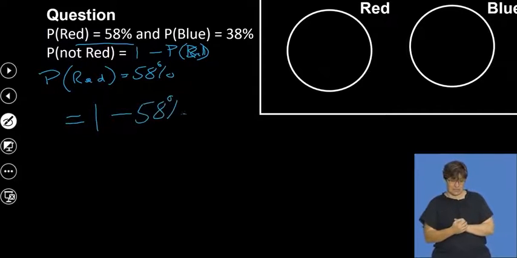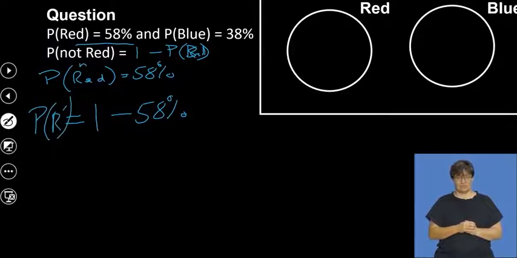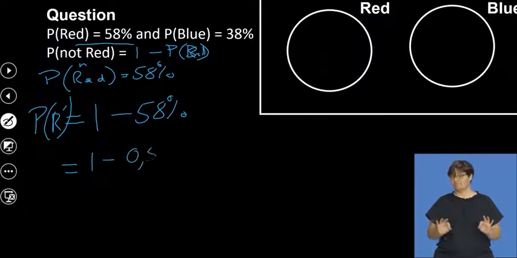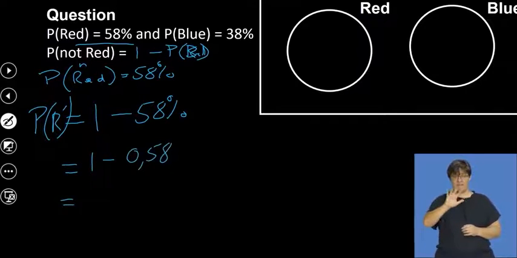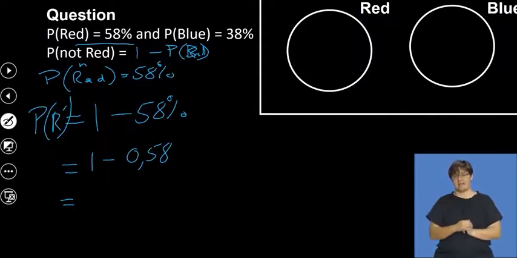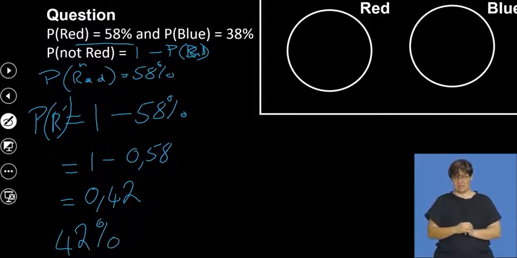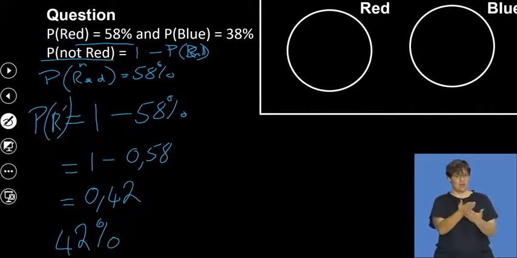And if we do that, we recognize this is the probability of red dash, okay, not red. We're going to say 1 minus 58. Now, if we want to do this correctly, we're going to say 58 is actually 0.58. And when we do the subtraction, I think you can see that this is going to be 0.42. Okay, 0.42, which turns out to be 42%. Now, that is the probability of not red.